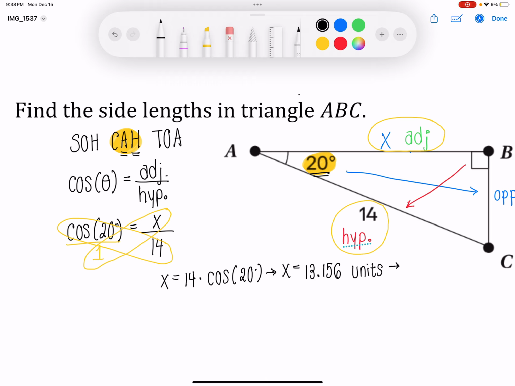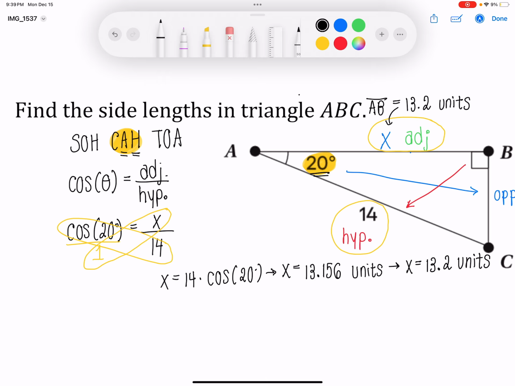And I'm going to round it to the nearest tenth of a unit. So I have 13.2 units, and that's equal to x. So I'll make a note over here, draw an arrow here: line segment AB is really equal to 13.2 units.